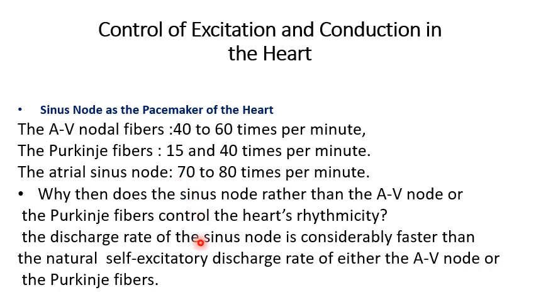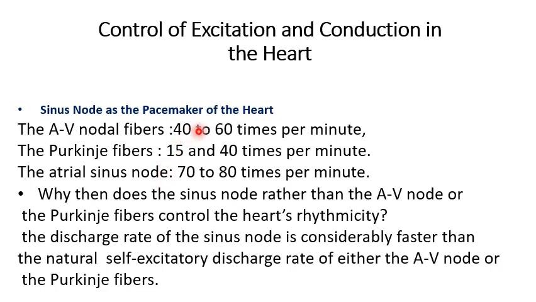So whenever it discharges the first impulse, it's going to reach the AV node before its self-excitatory impulse starts. So it will only conduct the impulse that reached it from the SA node.